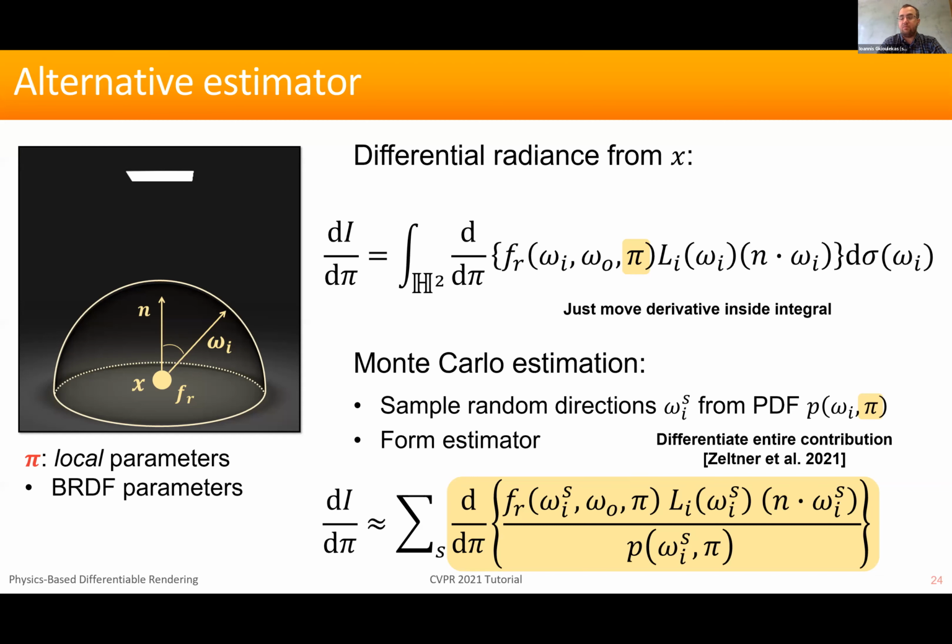There is a nice paper in SIGGRAPH 2021 by Wenzel Jakob's group that discusses in detail the differences between these two estimators. In particular, differentiating the entire contribution can be shown to correspond to a form of the direct illumination integral called the primary sample space form of this integral, that involves reparameterizing our direct illumination with respect to a set of random numbers.